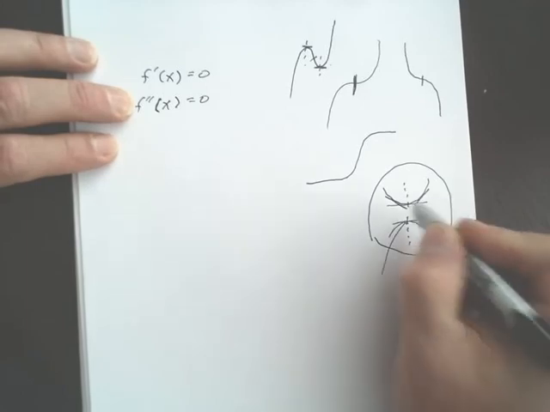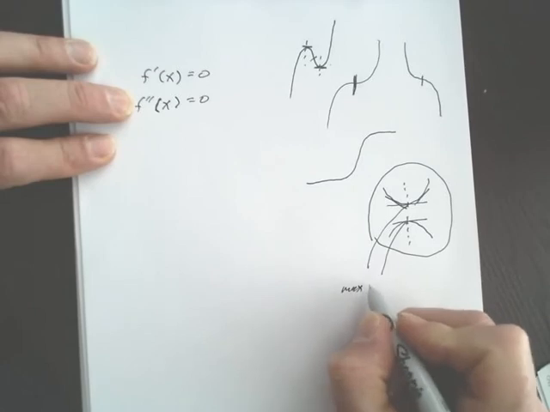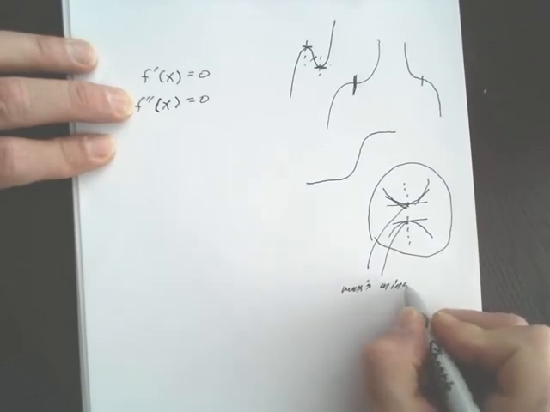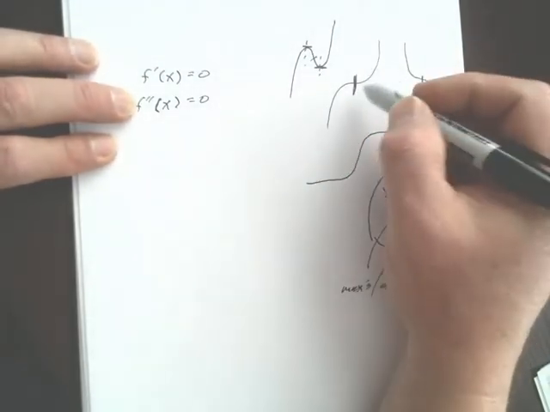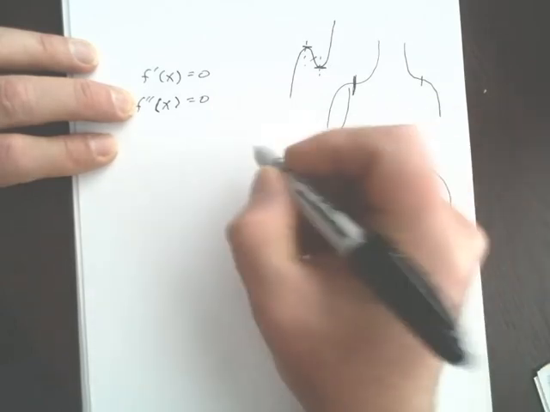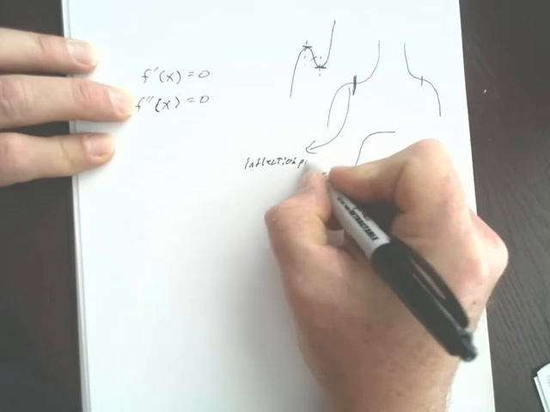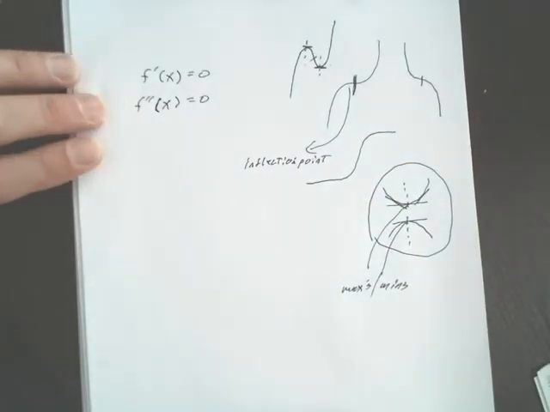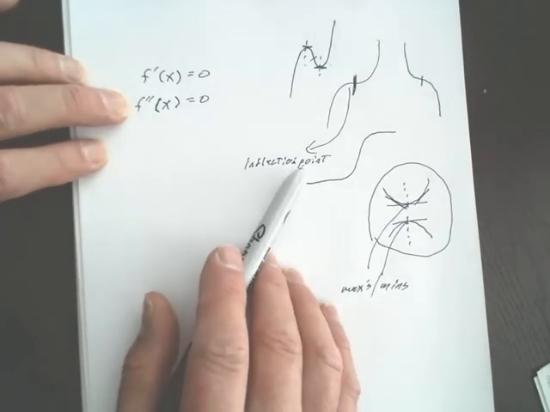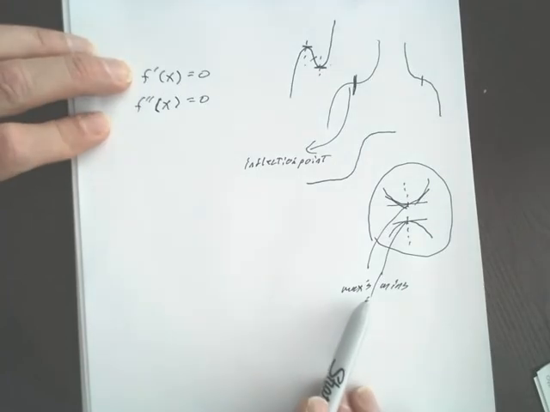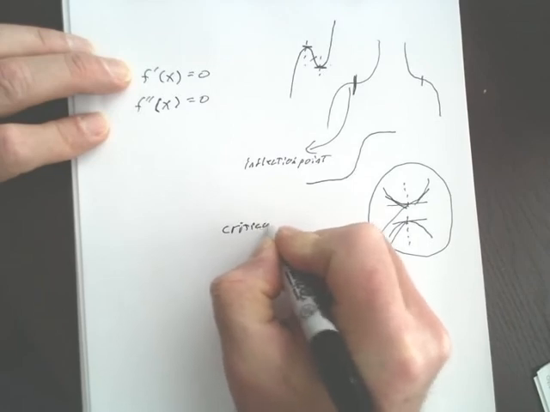Whereas we called these critical points maxes or mins, we're now going to call this critical point an inflection point. So the second derivative is going to search for the inflection point. The first derivative searches for the maxes and mins. All of these are called critical points.